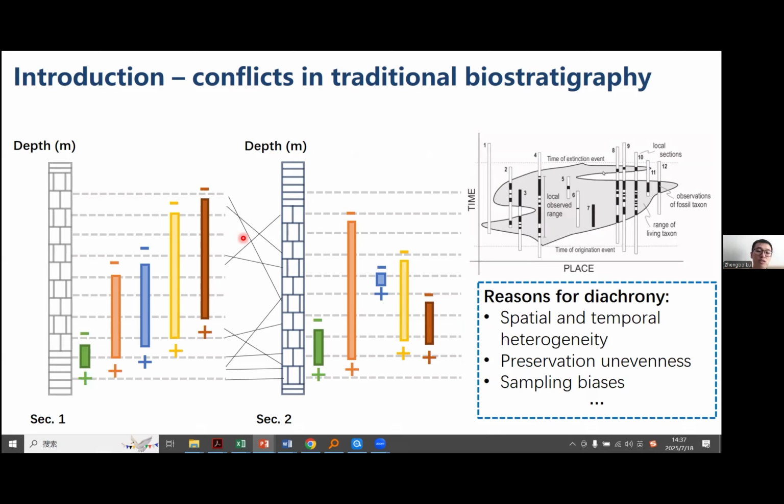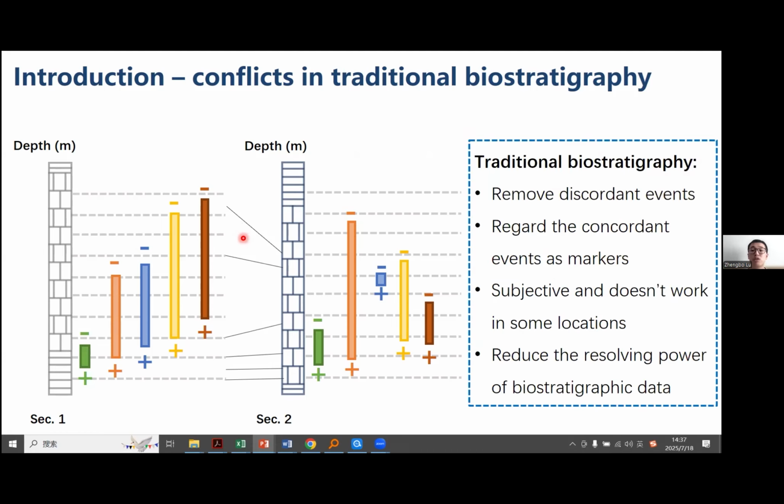There can be many reasons for the diachrony, like spatial and temporal heterogeneity, which means, for example, one species after its origination needs some time to go from one location to another. Also, preservation unevenness and sampling biases will worsen this situation.